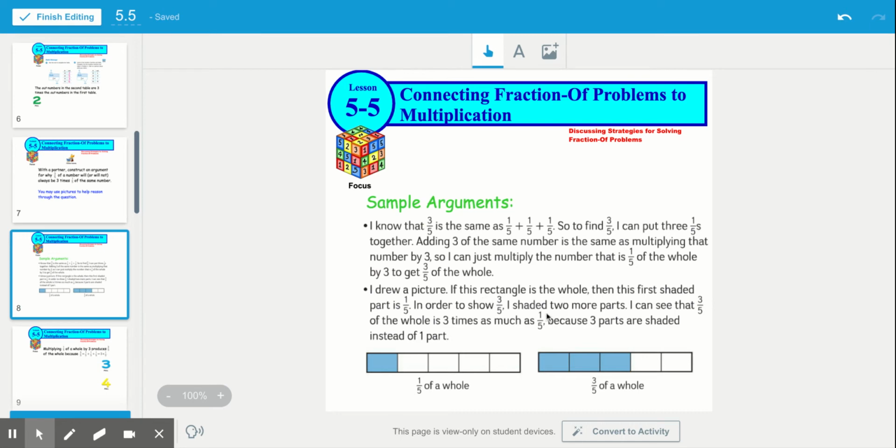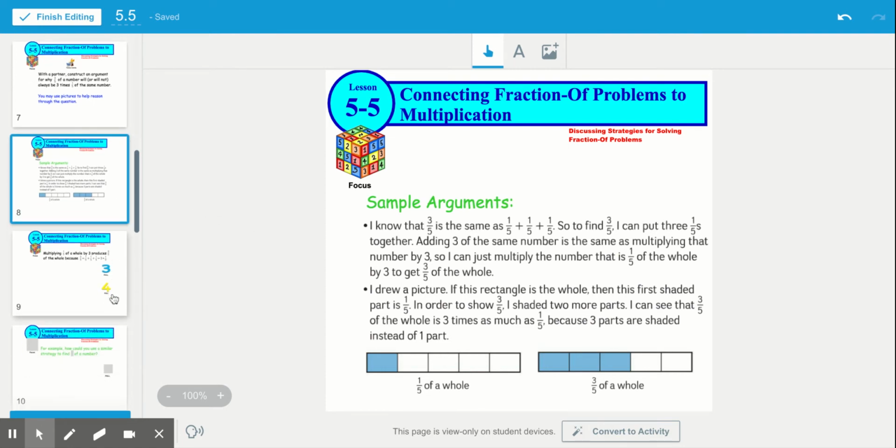If this rectangle is a whole, then this first shaded part is 1/5. And in order to show 3/5, I shade in 2 more parts. I can see that 3/5 of the whole is 3 times as much as the 1/5. 3 parts are shaded instead of 1.